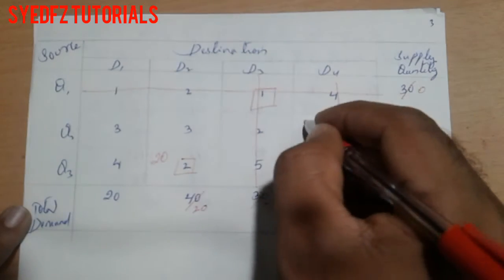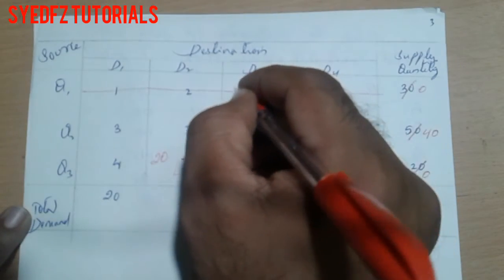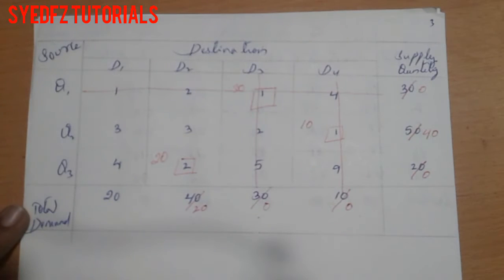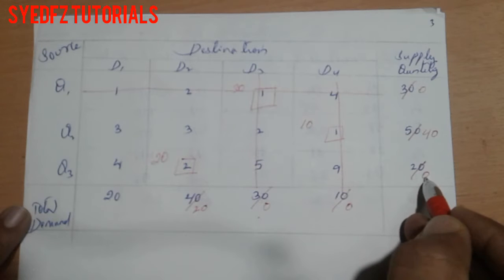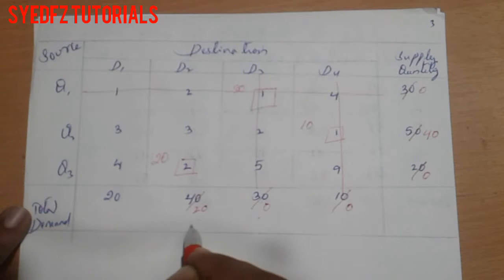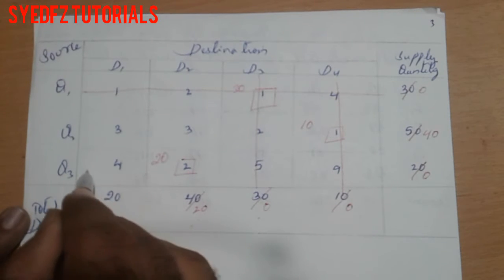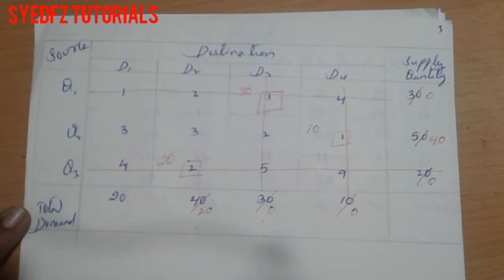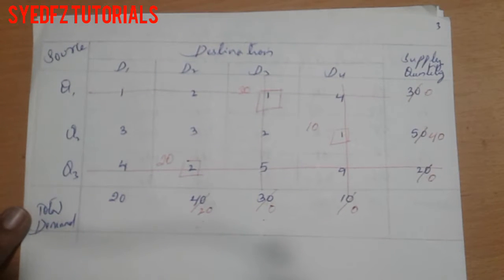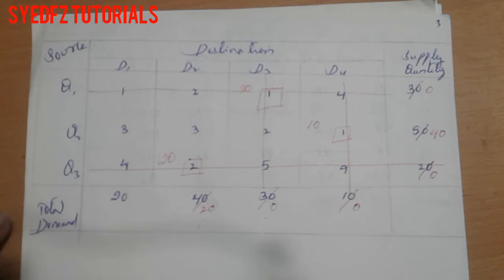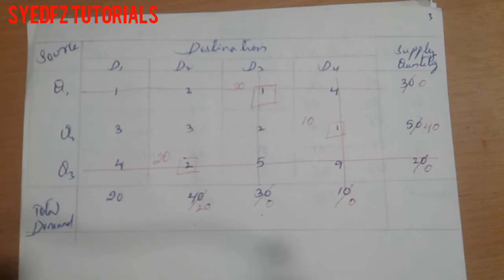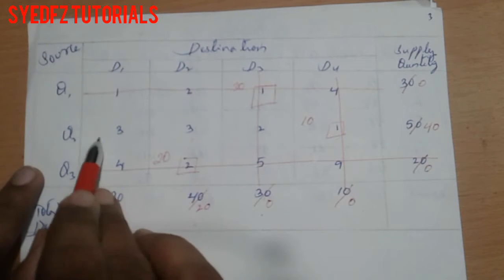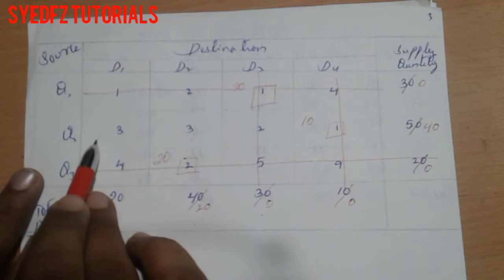Here the supply is over but demand is still there, so eliminate the row.